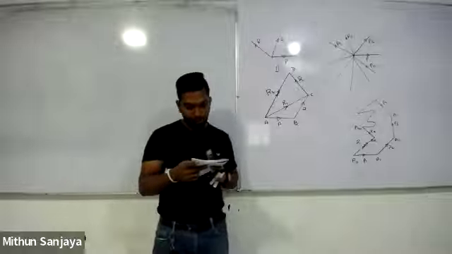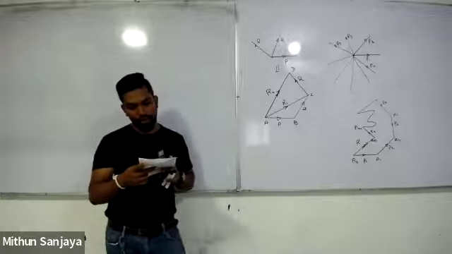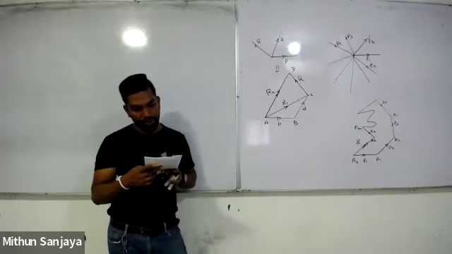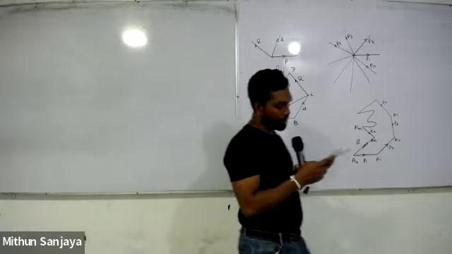This is known as the resolution of the single force into separated forces. Each force obtained by resolving the force is called a component or resolved part of the original force.